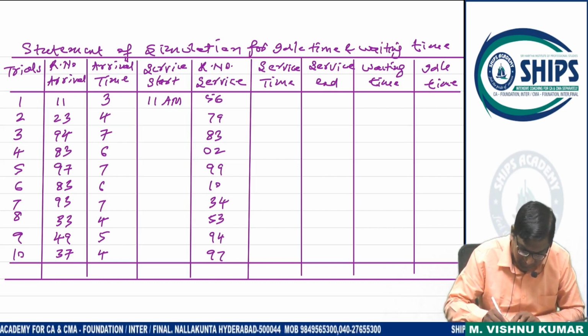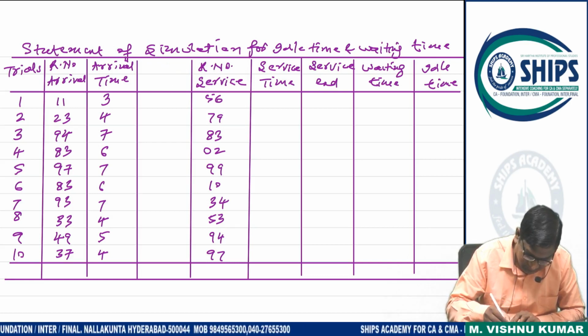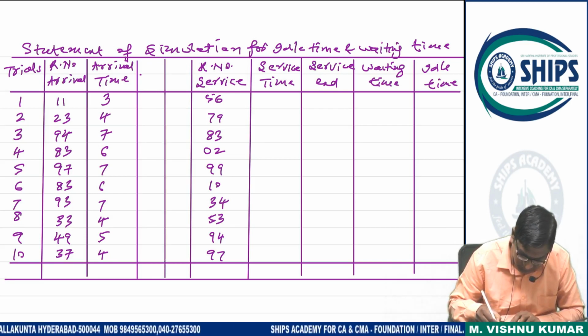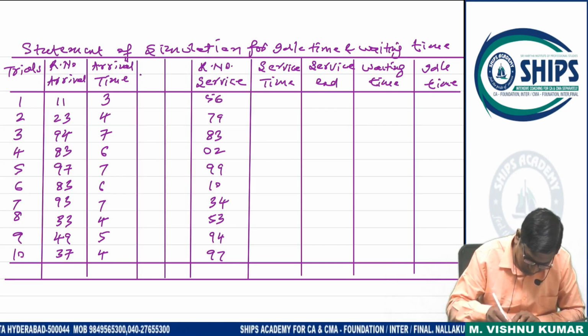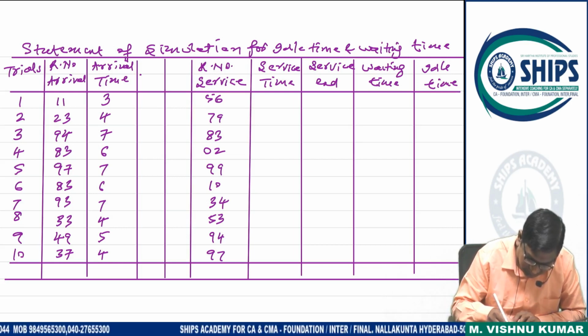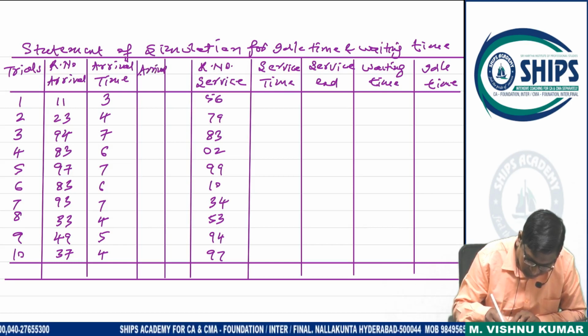Okay, so here you can make 2 columns, no problem. तो 2 कॉलम में कन्वर्ट कर सकते हैं आप. So first is arrival, next service starts.